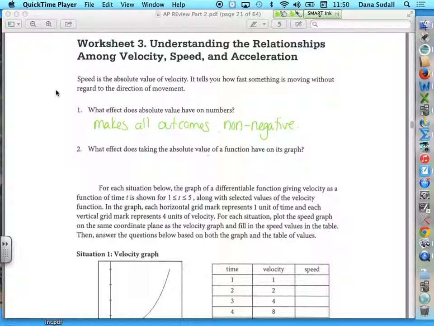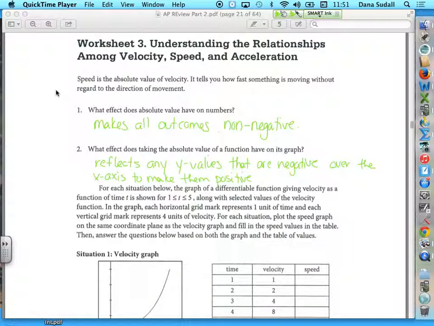And then for the second one, it asks, what effect does taking the absolute value of a function have on its graph? Well, if it makes the outcomes non-negative, it reflects any y values that are negative over the x-axis to make them positive.